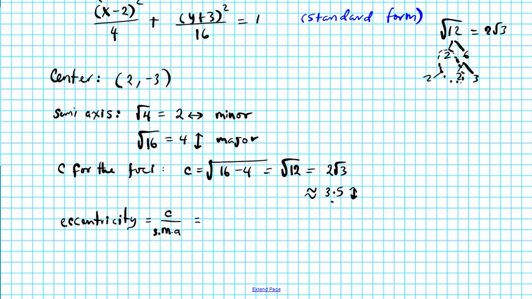So our C is 2 root 3, and our semi-major axis is 4. I can divide these by 2, so I'm going to have root 3 divided by 2. That's basically the eccentricity of my ellipse.